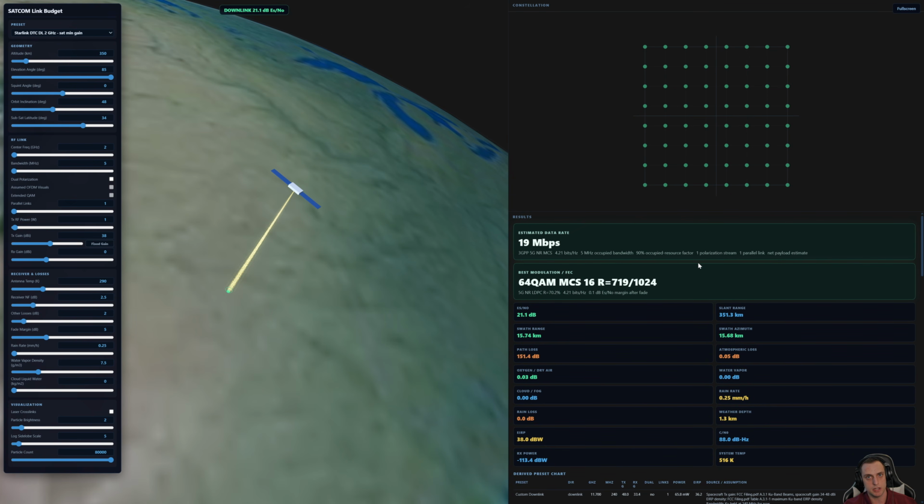Okay, that ends our satellite communications review. And now we'll get into the limitations on bandwidth. And the first of these will be your antenna hardware. So to demonstrate this, I have a preset of the Starlink direct-to-cell antenna. This antenna is designed to operate in a range centered at 2 gigahertz, and it can only operate between 1.5 and 2.5 gigahertz. And this is just a physical limitation of antennas.